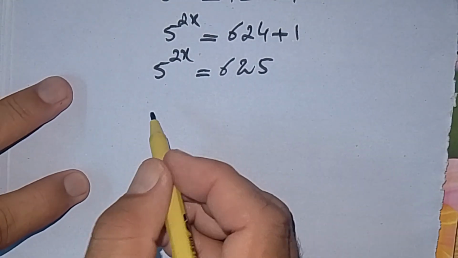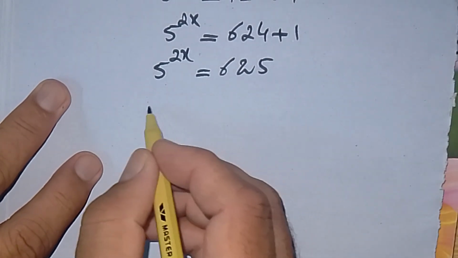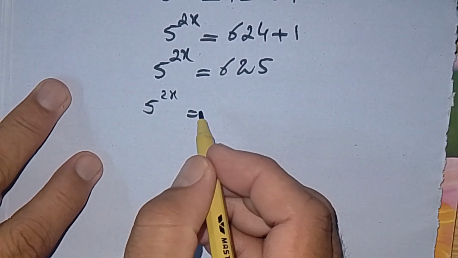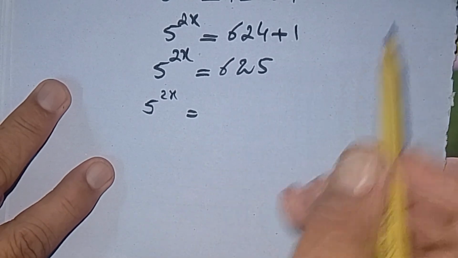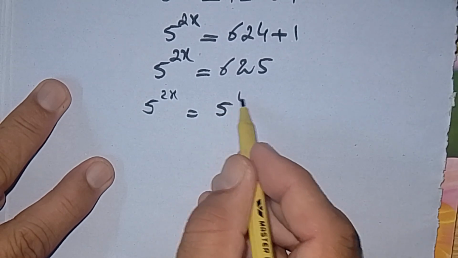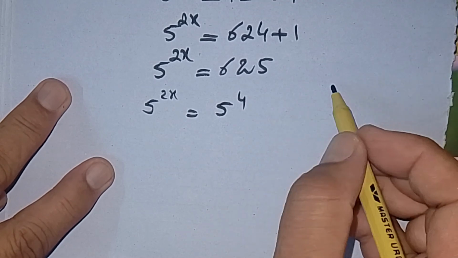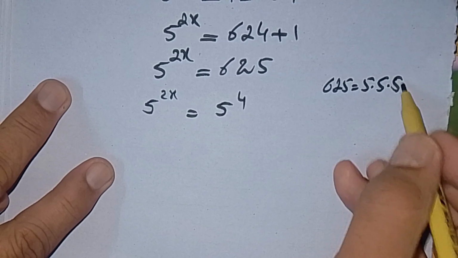Now 5 raised to the power 2x is equal to 625, which is equal to 5 raised to the power 4. Here 625 is equal to 5, 5, 5 and 5.